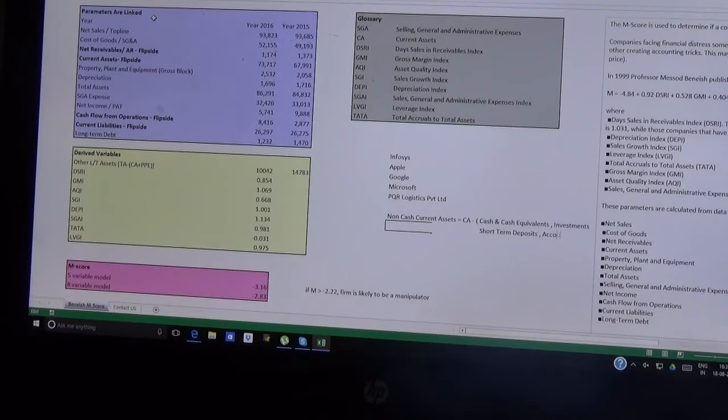Now here is one thing which we need to understand very clearly: account receivables.